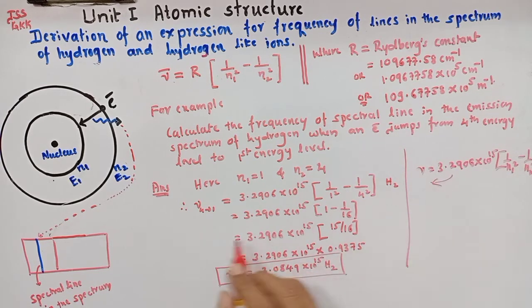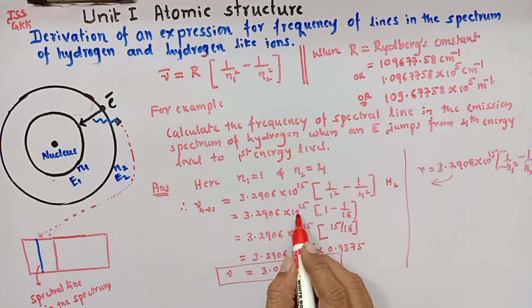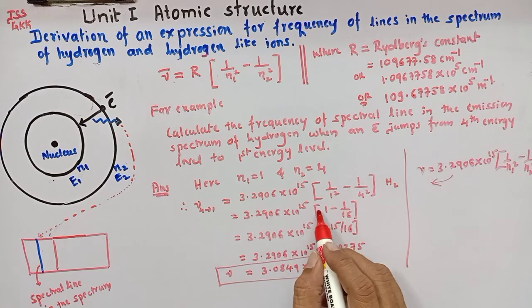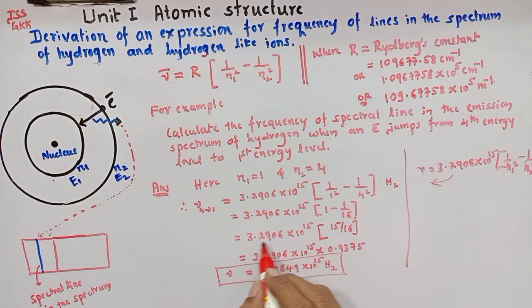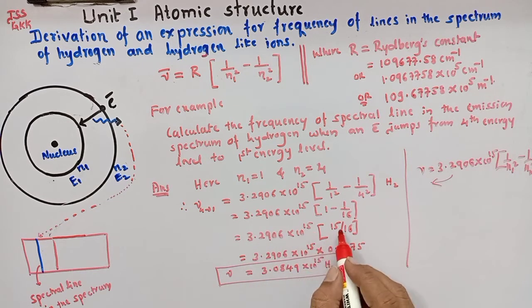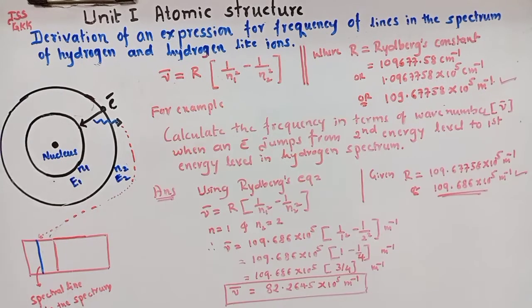Here 3.2906 into 10 raised to 15 into 1 minus 1 over 16. So that will come out 3.2906 into 10 raised to 15 by 16. That is the final result: nu is equal to 3.0849 into 10 raised to 15 hertz.